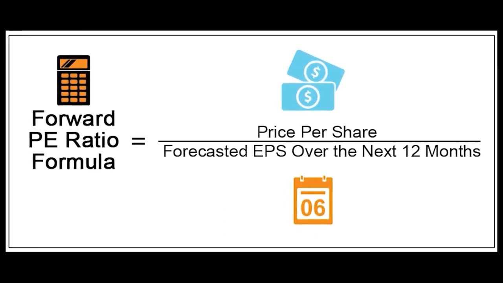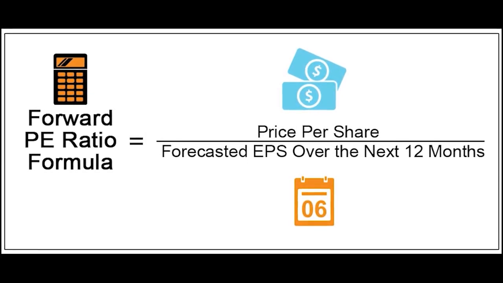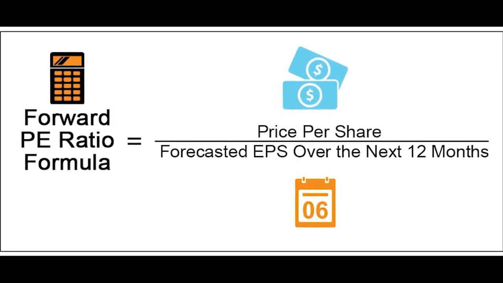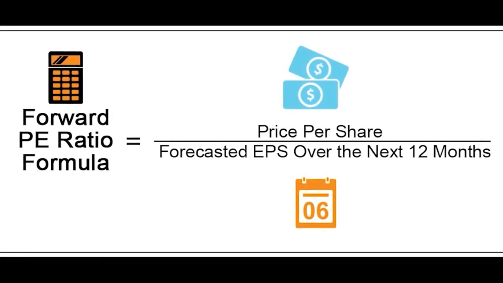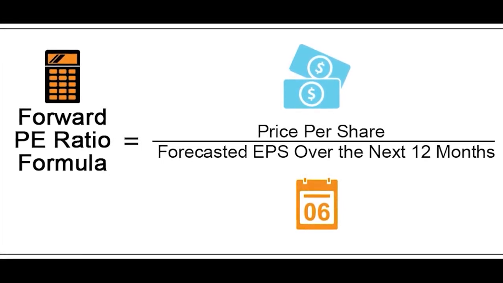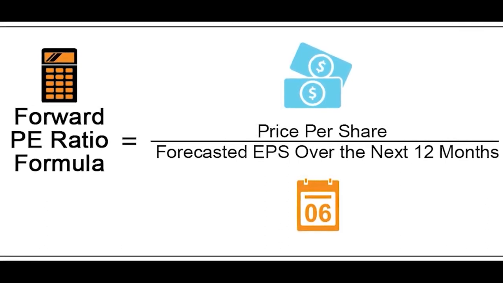While the earnings used in this formula are just an estimate and don't give us reliable historical earnings data, it's still beneficial. The forward PE ratio is calculated by dividing price per share by forecasted EPS over the next 12 months.